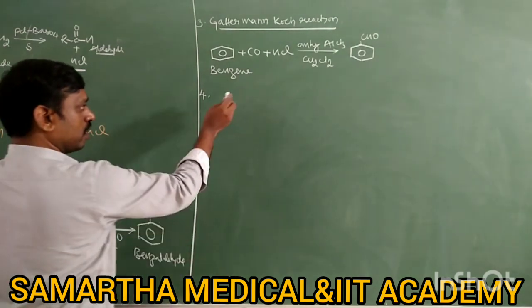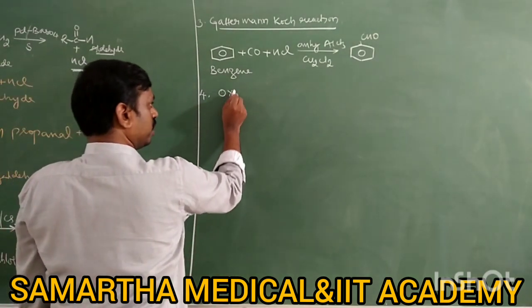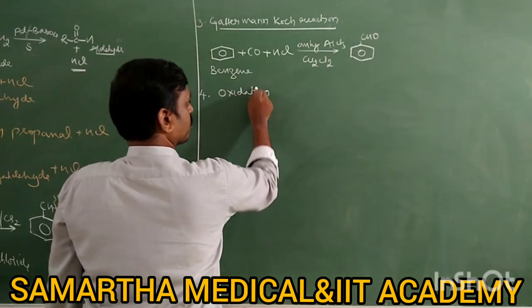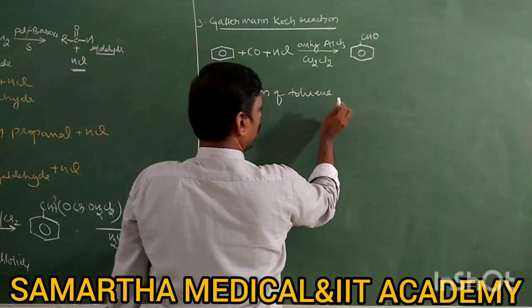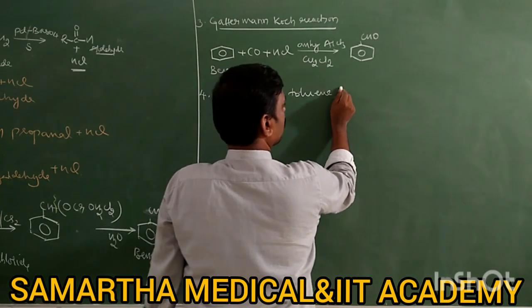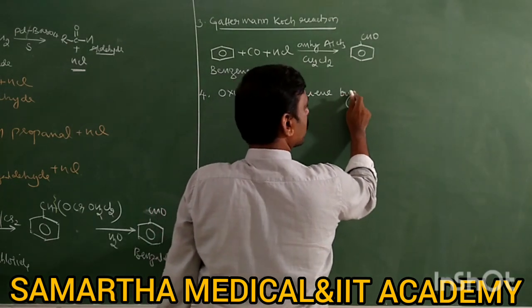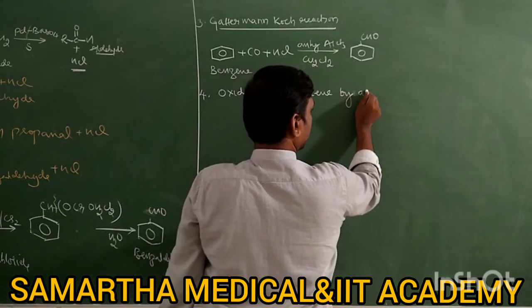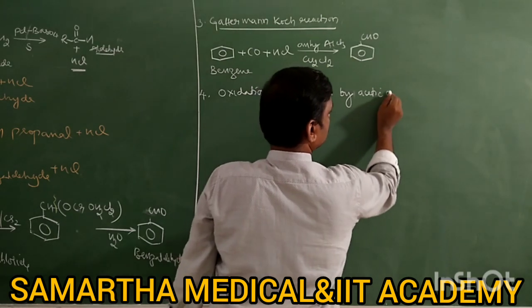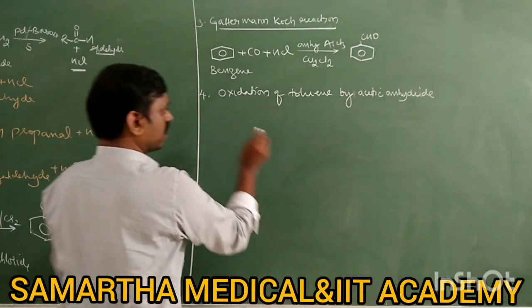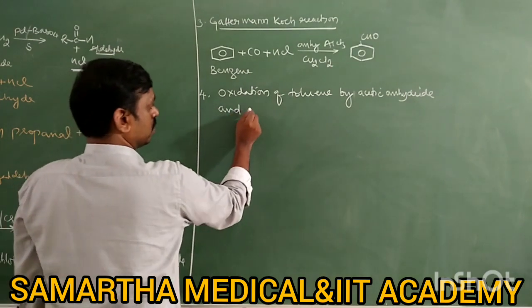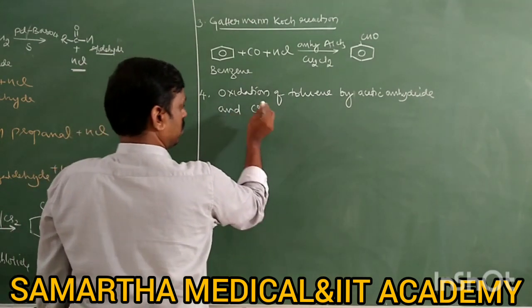Fourth one is oxidation of toluene by acetic anhydride and chromium trioxide.